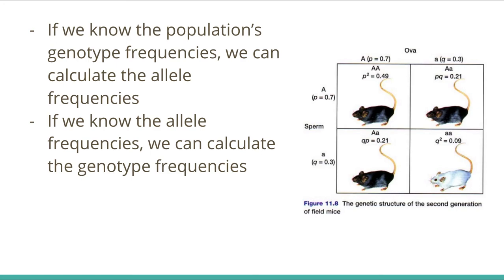Percentage is just 100 times what the probability is. So probability of 0.7 is 70%. And probability of 0.49 is 49%. But it's really important that whenever you do multiplication, you always do it with the probabilities, never the percentages, because you'll get very different numbers if you do.